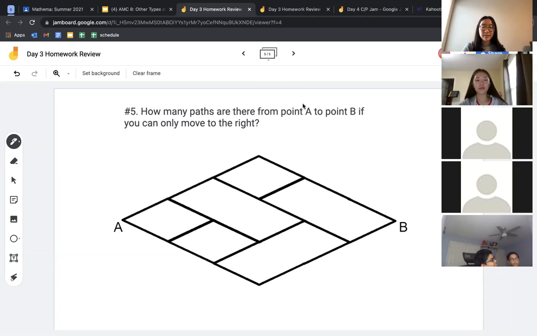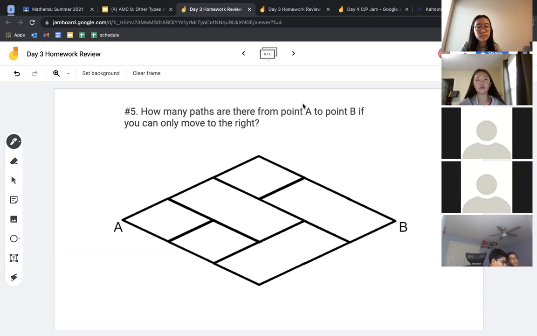Did anyone else try this problem and want to put their answer in the chat? If not, I can just go over it then.